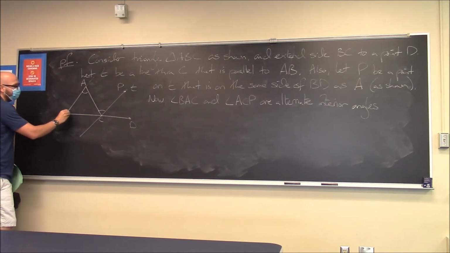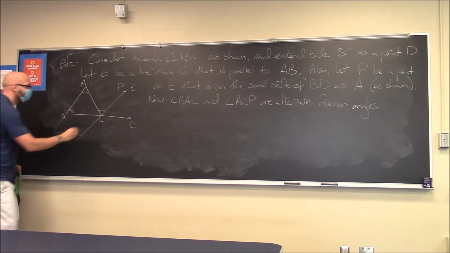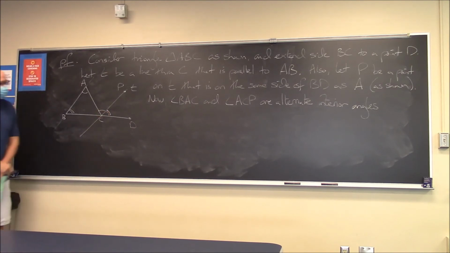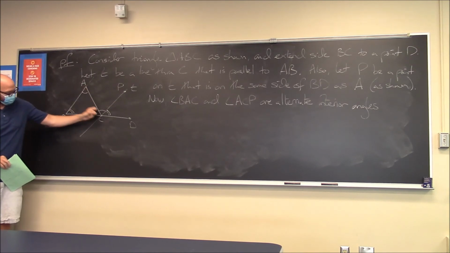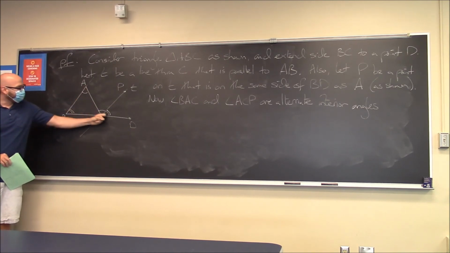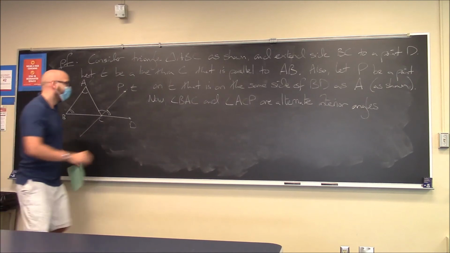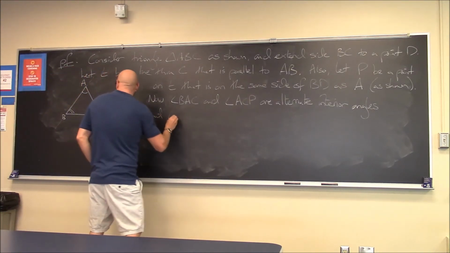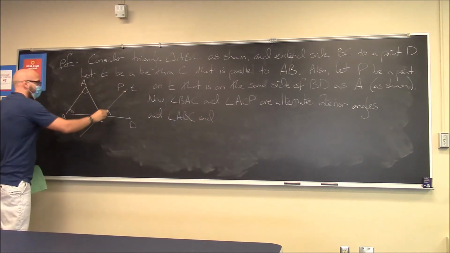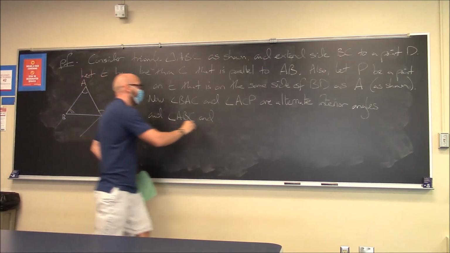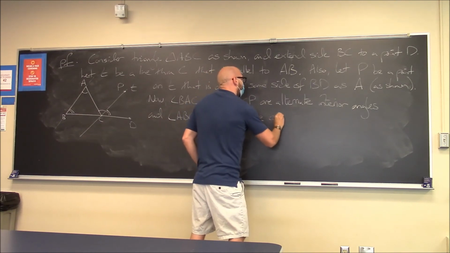And what about this guy and this guy? I'm working with a different transversal, right? Here, this is my transversal to conclude something about those angles. With these two angles, I'm looking at this transversal for these two lines. These are corresponding angles, right? And angle ABC and angle PCD are corresponding angles.